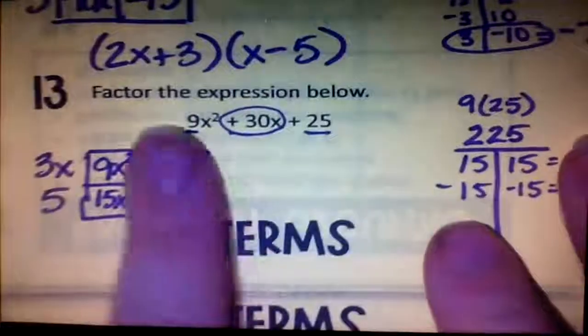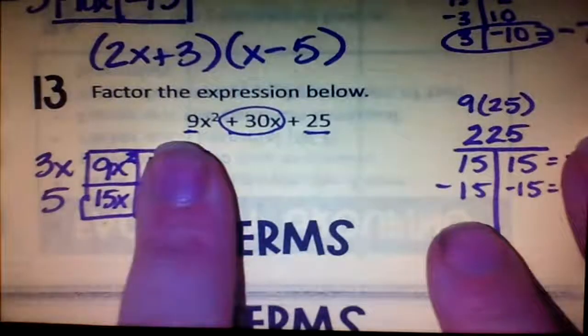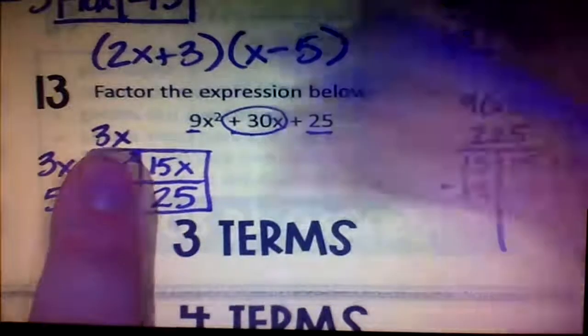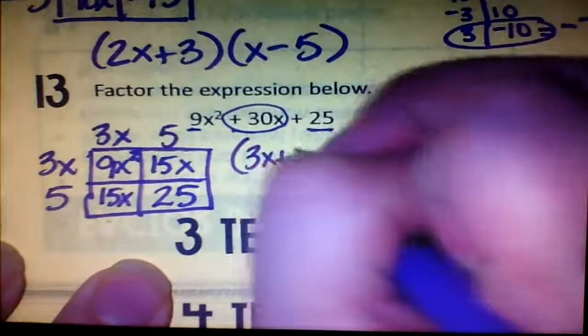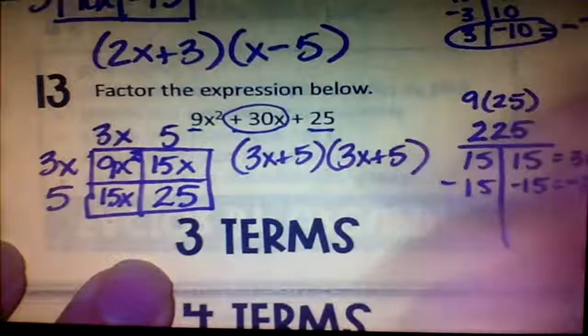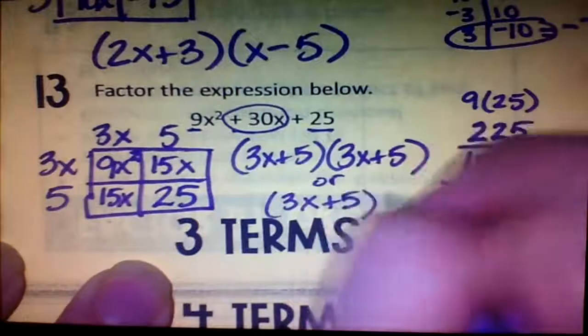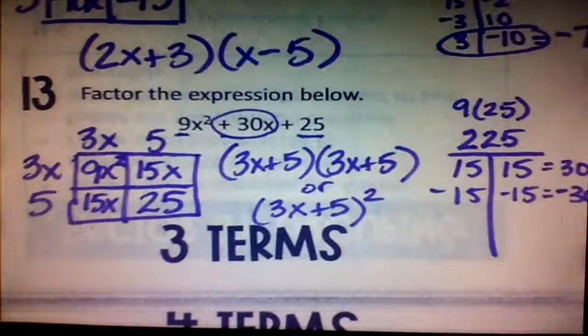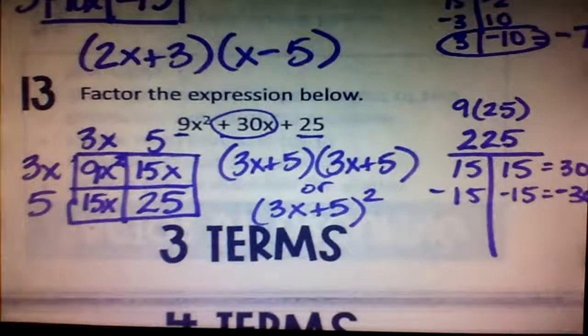So my answer is 3x plus 5 times 3x plus 5. You may also see this written as 3x plus 5 squared. Remember, if you're multiplying the same thing times the same thing, you can always square it because that's what that means.